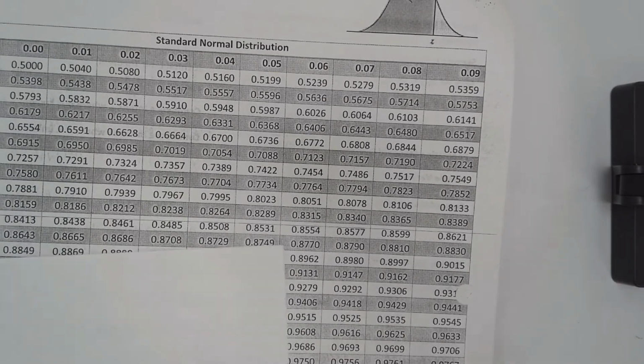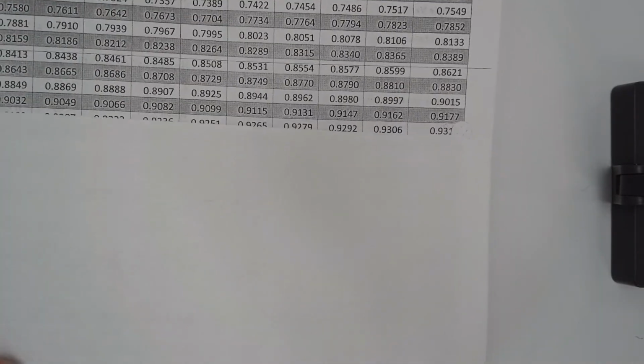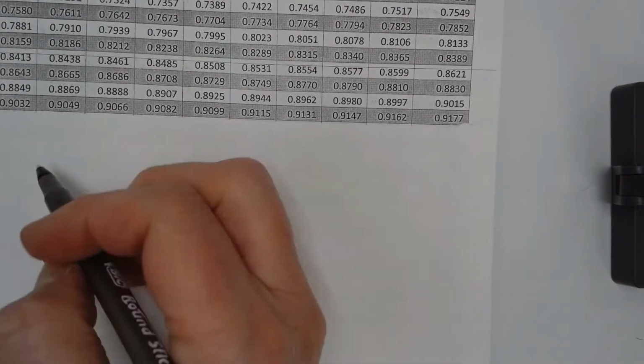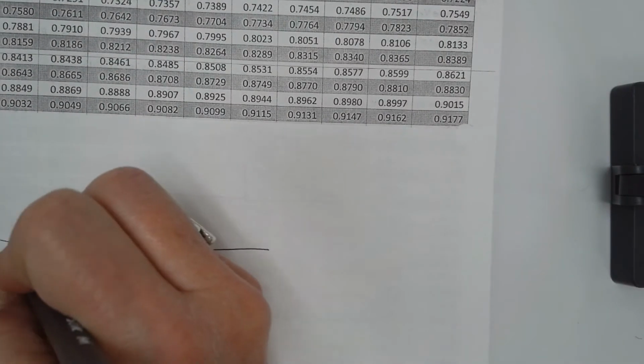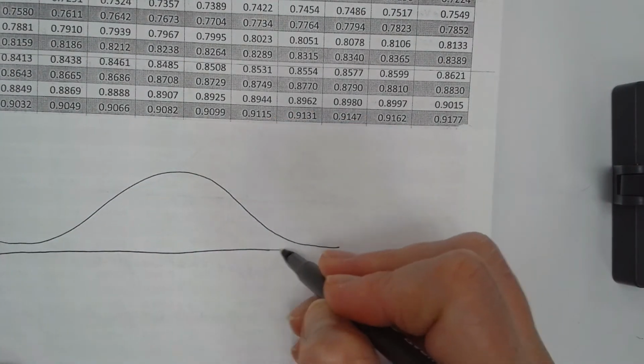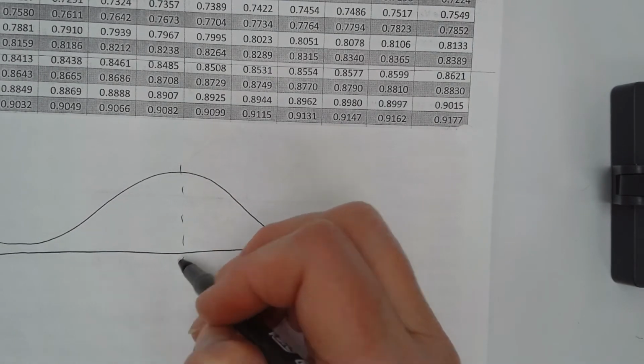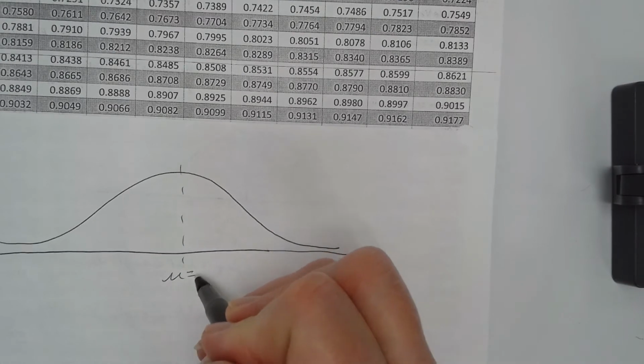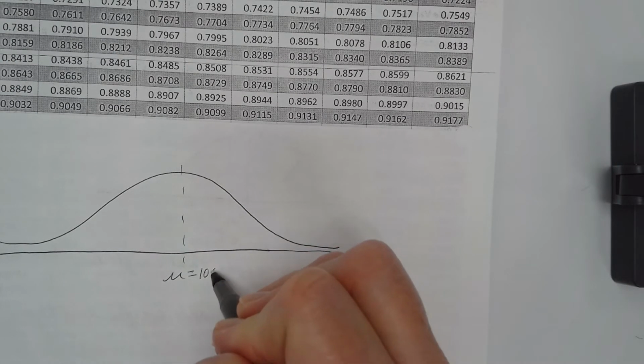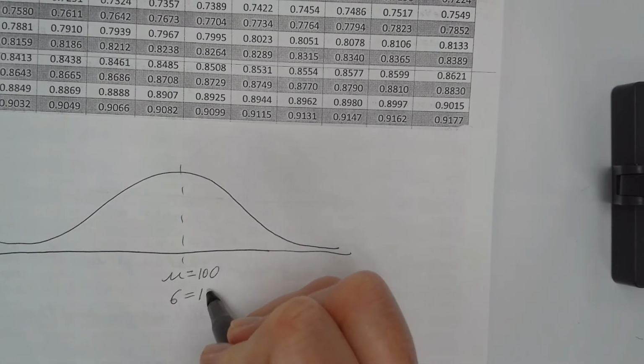So if you have a normal curve, the mean was 100. The mean IQ score is 100. The standard deviation is 15.